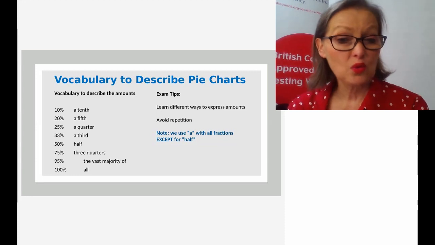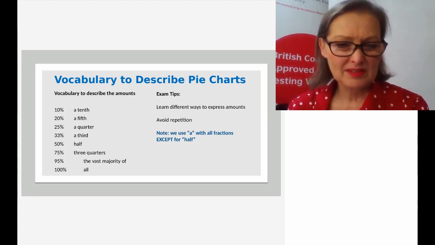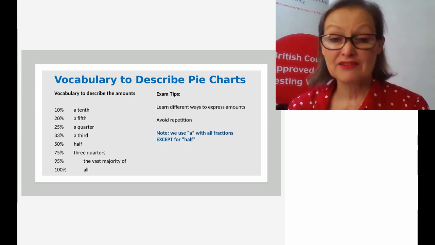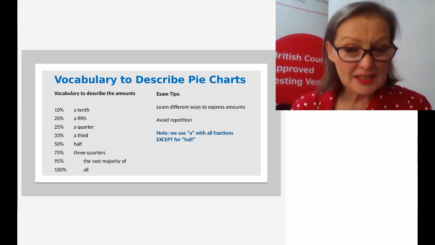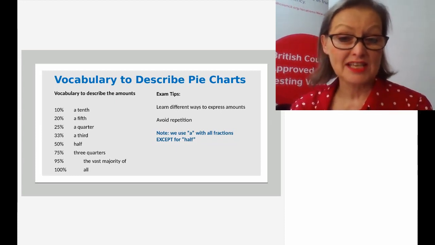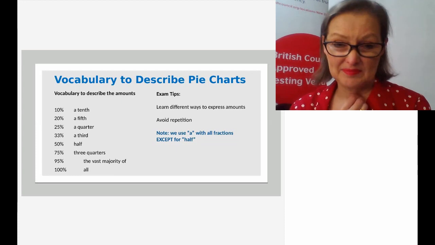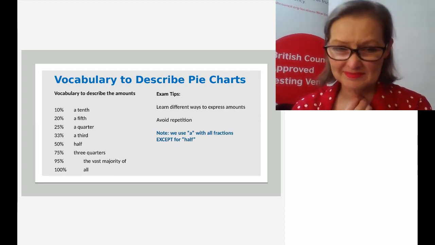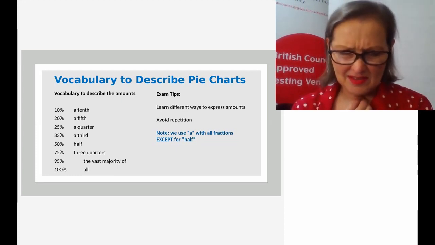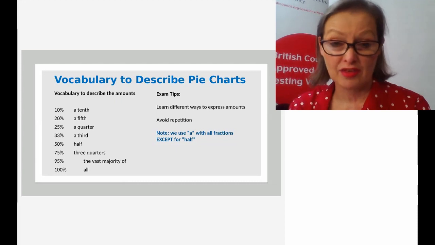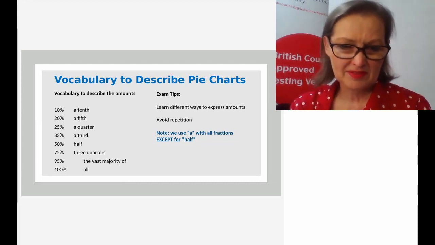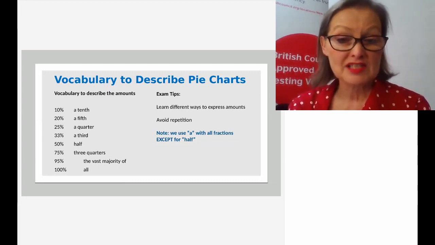10% is a tenth, or we could say 1/10. 20%, a fifth or 1/5. 25% is obviously a quarter or 1/4. 33%, we could talk about a third. 50% is obviously half.